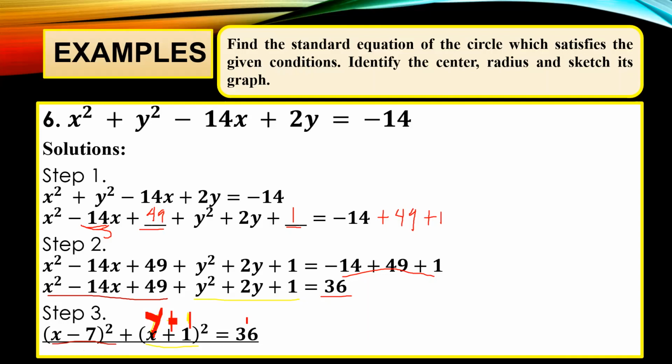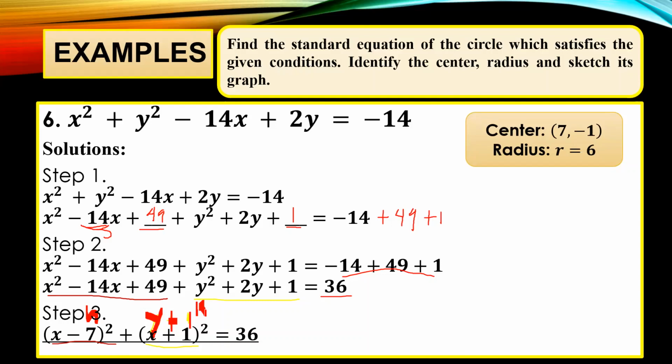So this is already the standard equation of the circle. x minus 7 squared plus y plus 1 squared is equal to 36. What will be the center? The center will be 7 and negative 1. So again, this is h and this is k.